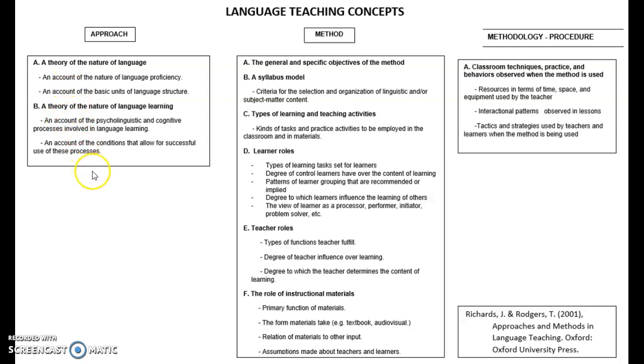The first view is a structural view in which grammar and the structures of the language are very, very important, which then determines the way that you are going to come into your method and then into your methodology in the future. The second view is functional, where you are more interested in the meaning that language is conveying.